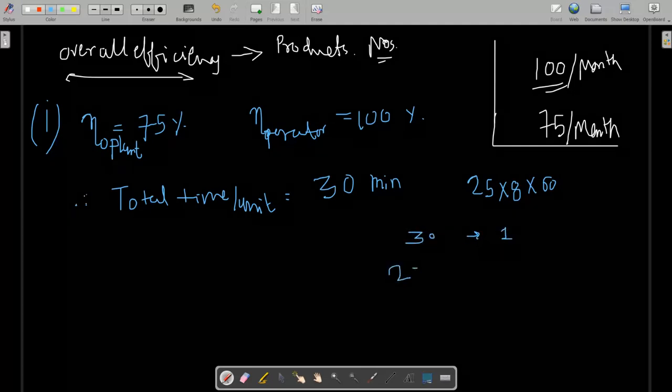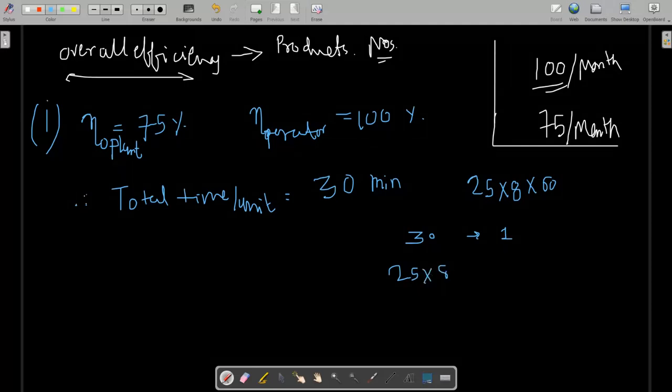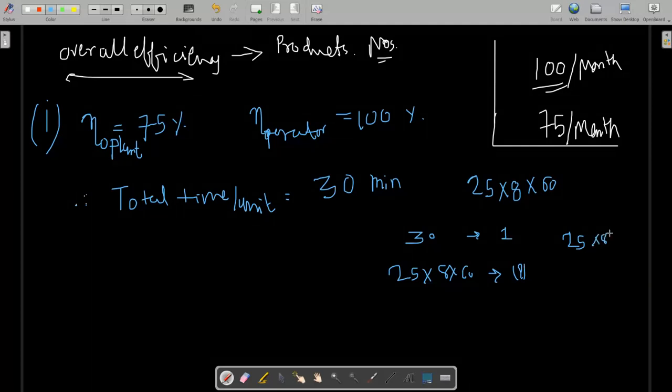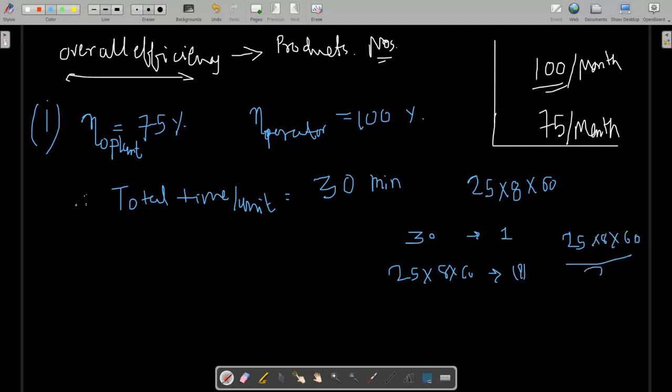So with 25 days and 8 hours a day, how much production? That is 25 multiplied by 8 multiplied by 60 divided by 30, so it will be 50 into 8, that is 400 units.